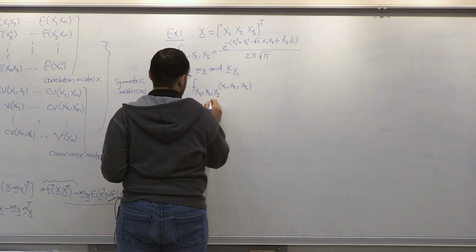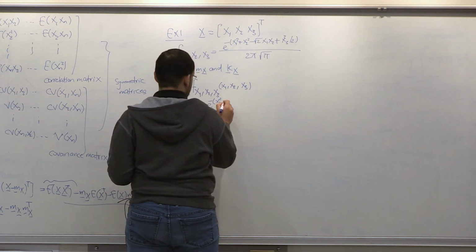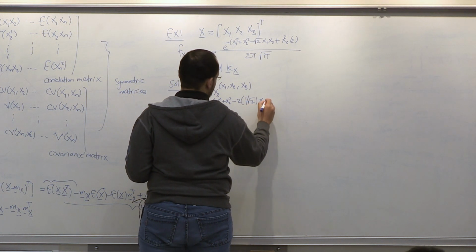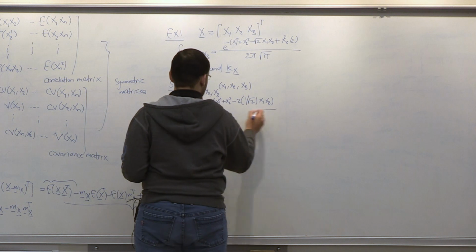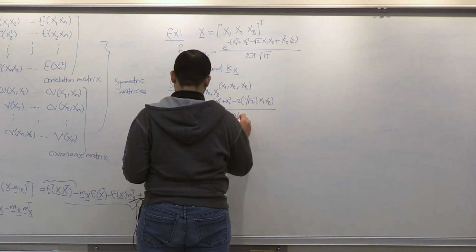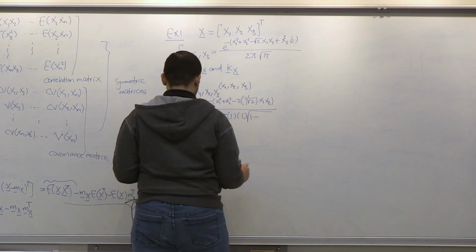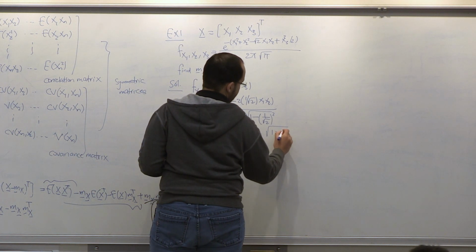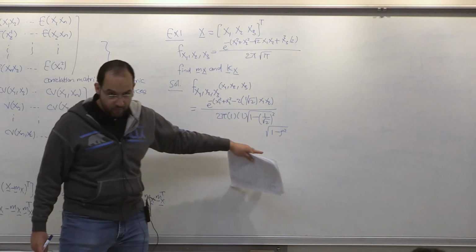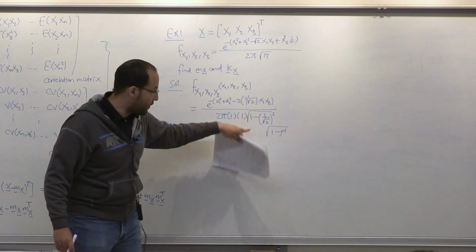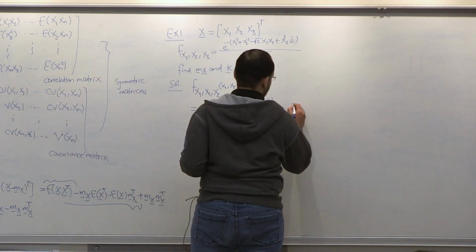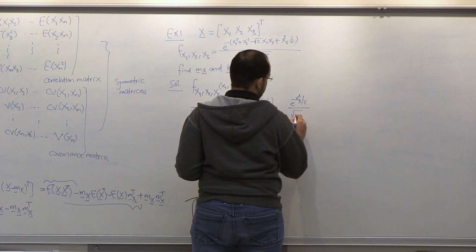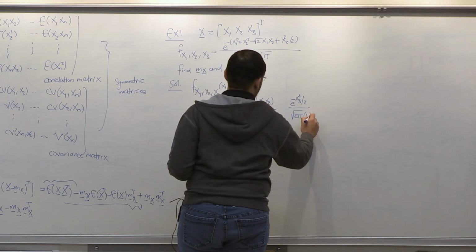We can write this as e to the minus x1 squared plus x2 squared minus 2 times 1 over square root 2 x1 x2, divided by 2 pi times 1, times 1, square root of 1 minus 1 over square root 2 squared. Remember the term square root 1 minus rho squared. Do you remember that term from the jointly Gaussian PDF? That's why we are writing this in that form. And then we will have another quite simple term, x3 squared over 2 above the exponential, divided by square root 2 pi times 1.